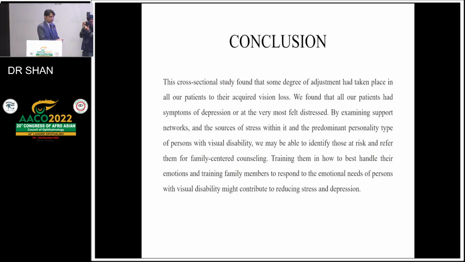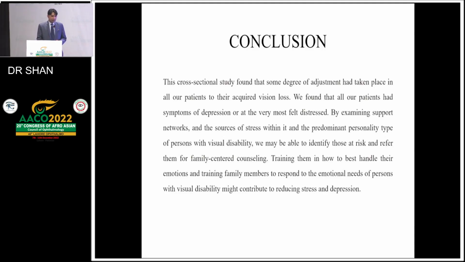This cross-sectional study found that some degree of adjustment had taken place in all our patients to their acquired vision loss. We found that all our patients had symptoms of depression, or at the very most felt distressed.